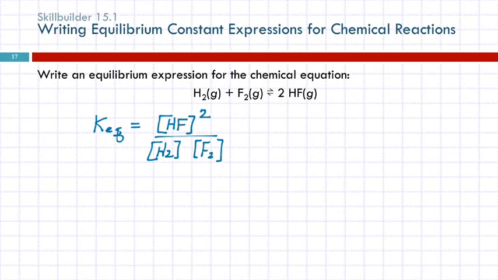And what are their coefficients? 1. So we don't have to put a 1 there. So the equilibrium constant for this chemical reaction is the hydrogen fluoride concentration squared divided by the product of the hydrogen and the fluorine concentrations. Any questions? That's how you leave it. There's no simplifying or anything, you just leave it like that. It's way simpler than the words, right?